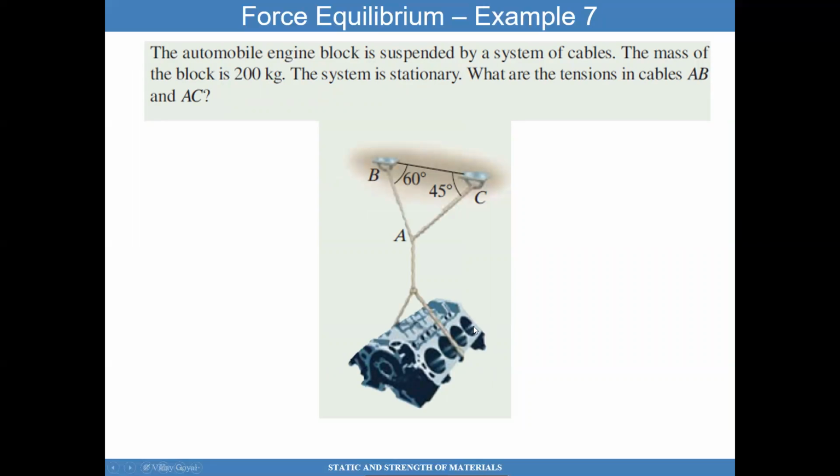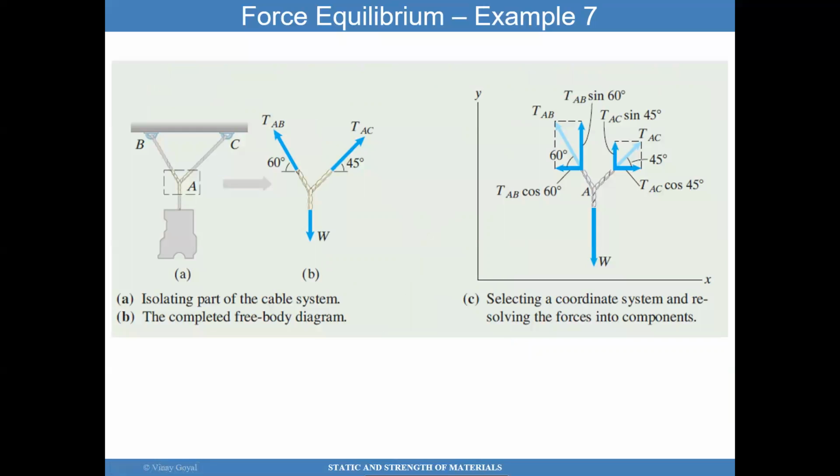Here's yet another example, an engine block. It's suspended by a system of cables. The mass of the block is 200 kilograms. The system is in equilibrium. What are the tensions in cables AB and AC? Same process. This is the engine block.